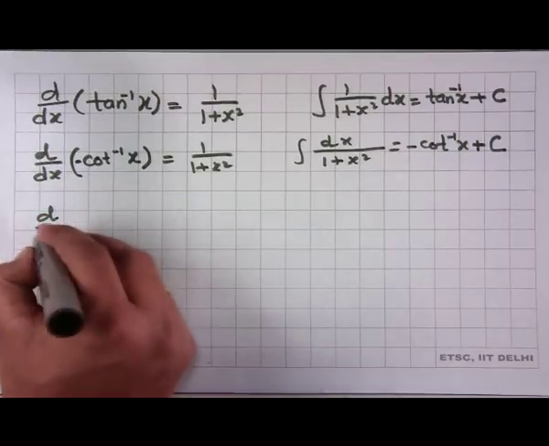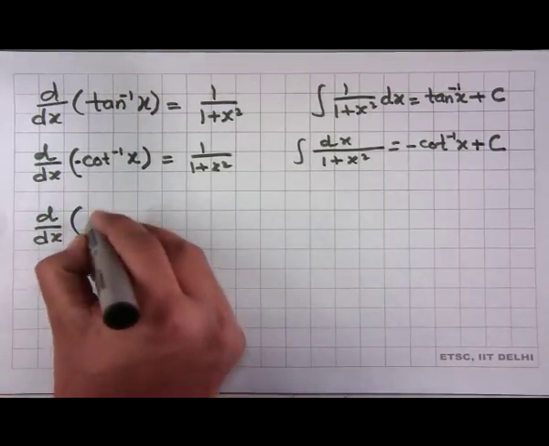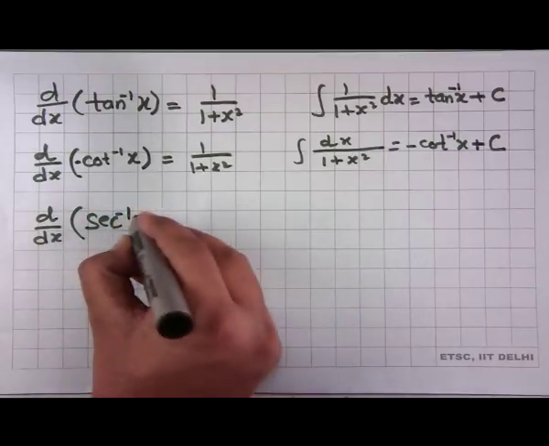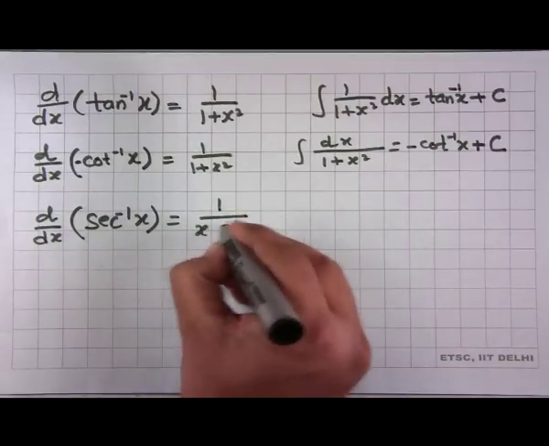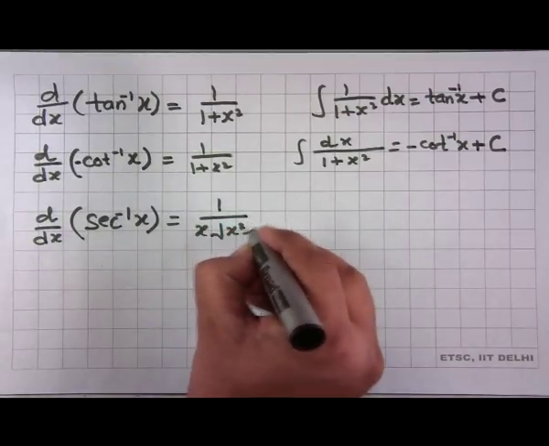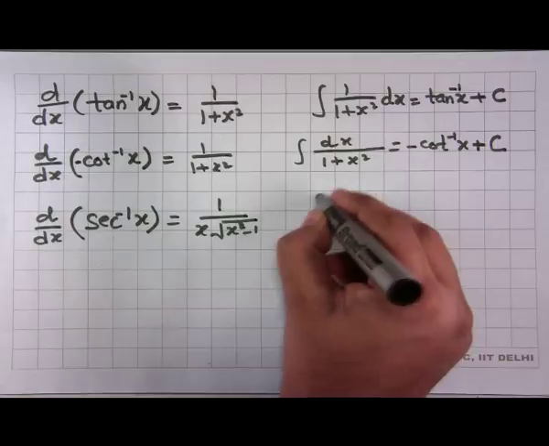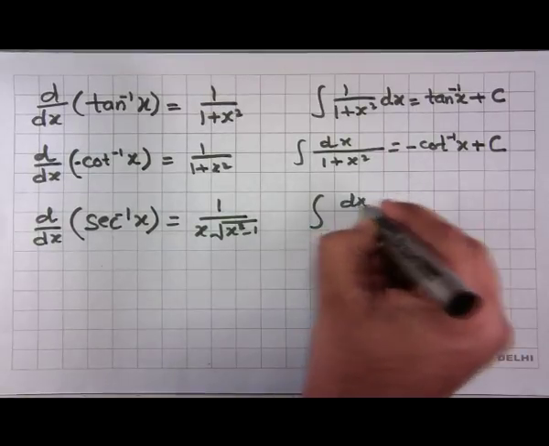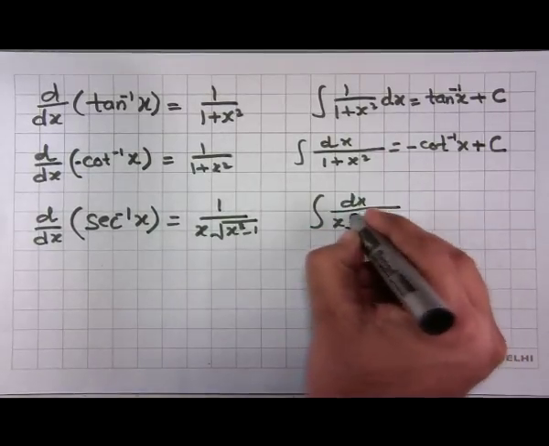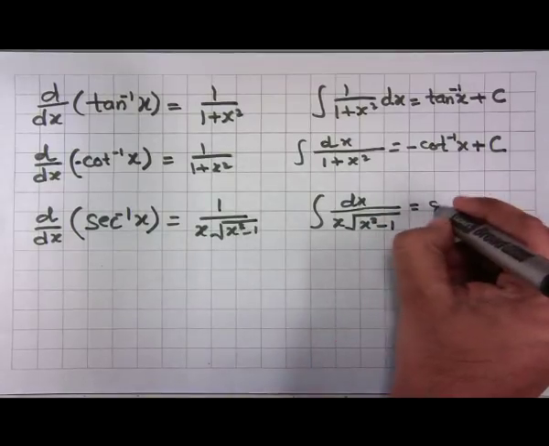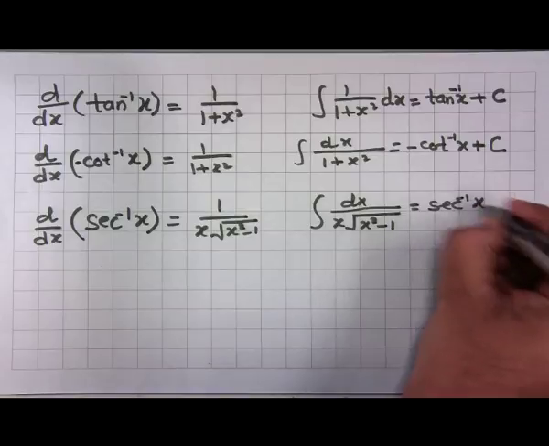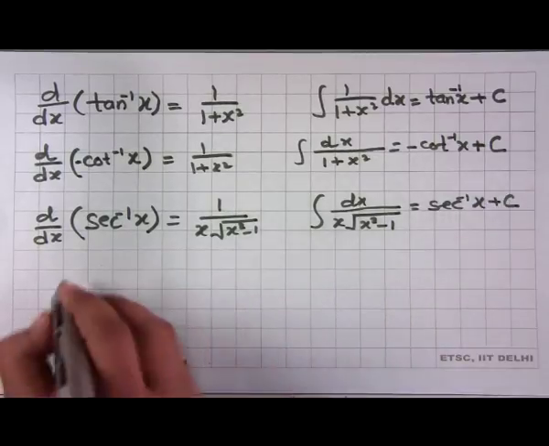d by dx of sec inverse x is 1 over x square root of x square minus 1, and therefore, integration of 1 over x square root of x square minus 1 turns out to be sec inverse x plus constant.